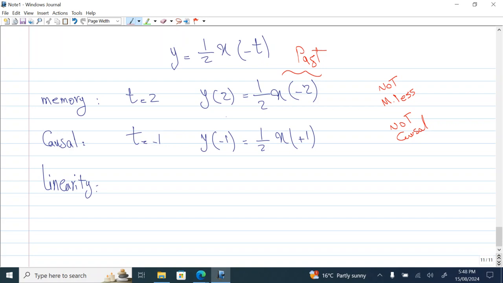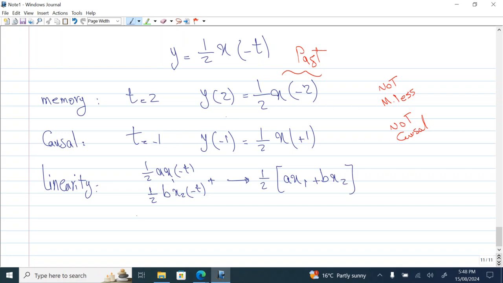To check the linearity, if I send AX1, the answer will be half AX1 minus T. And then if I send BX2, the answer will be half BX2 minus T. And then add them together, you will get half AX1 plus BX2.